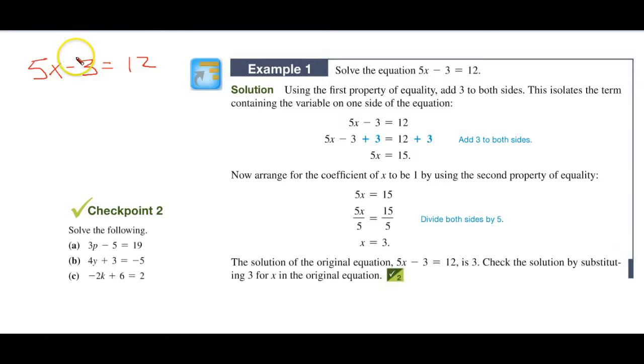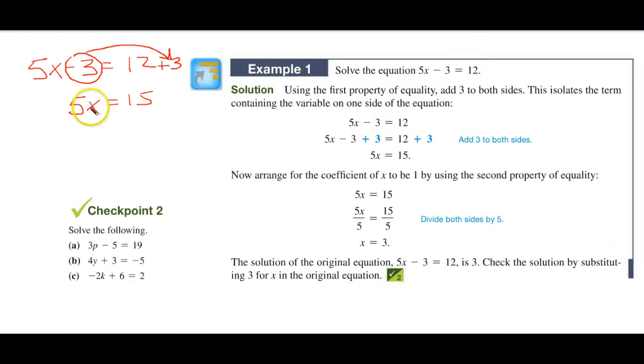So we have also suggested that you can take a term from one side, transpose it to the other side. Here it becomes a positive 3, and you then get 5x equals 15.